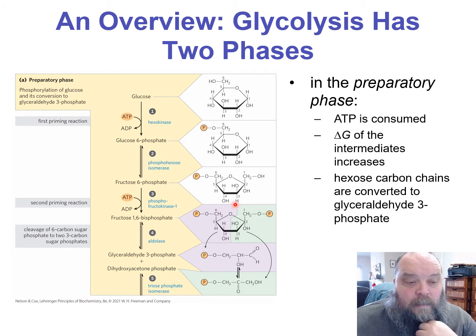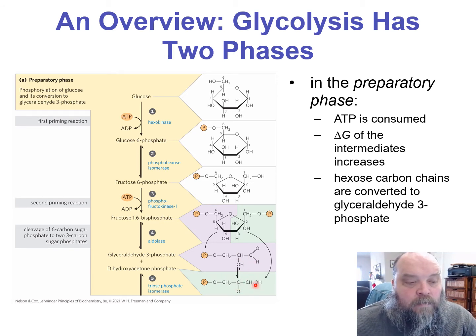An aldolase is an enzyme that will cut this molecule in half. What do you end up with? Glyceraldehyde 3-phosphate and dihydroxyacetone phosphate. These two right here. And notice the structures are not set in stone.